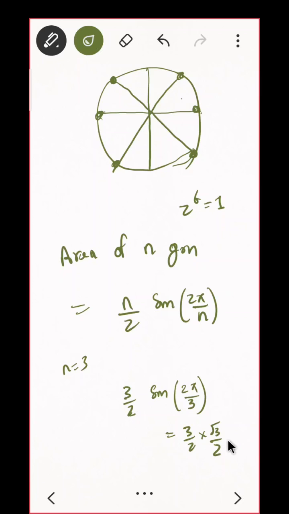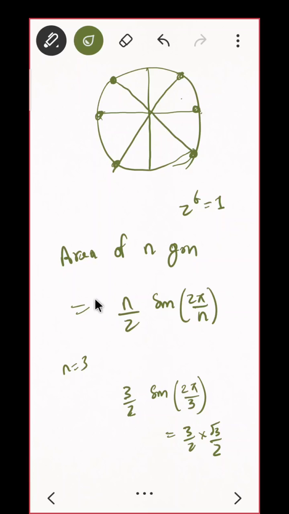So it will be... there was also an r square, maybe. Why am I forgetting that formula? Yes, actually it will be r square.